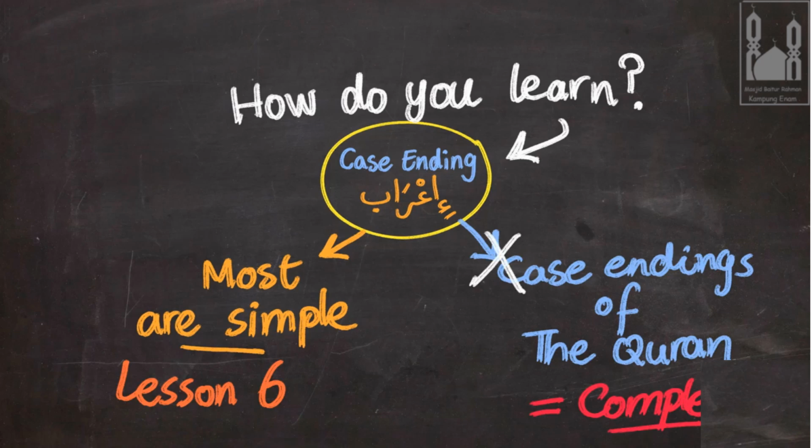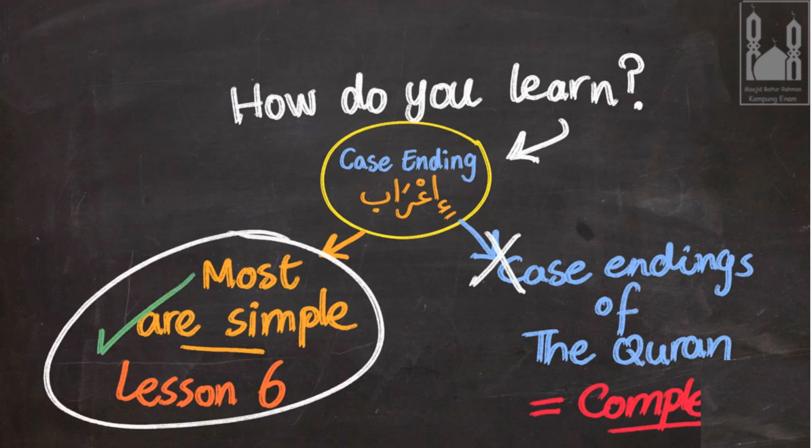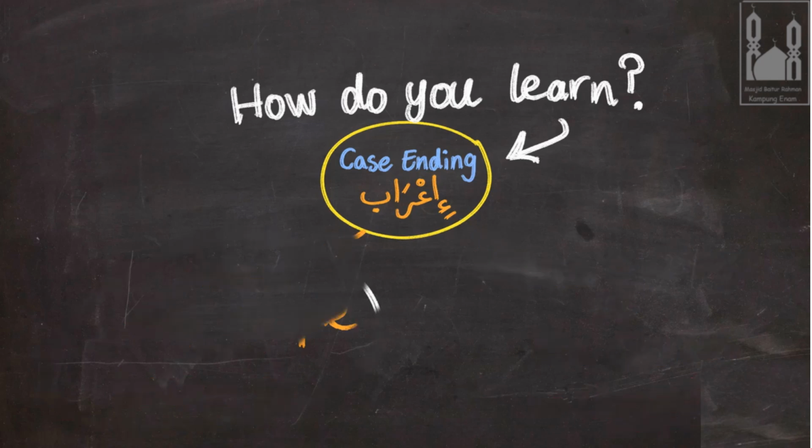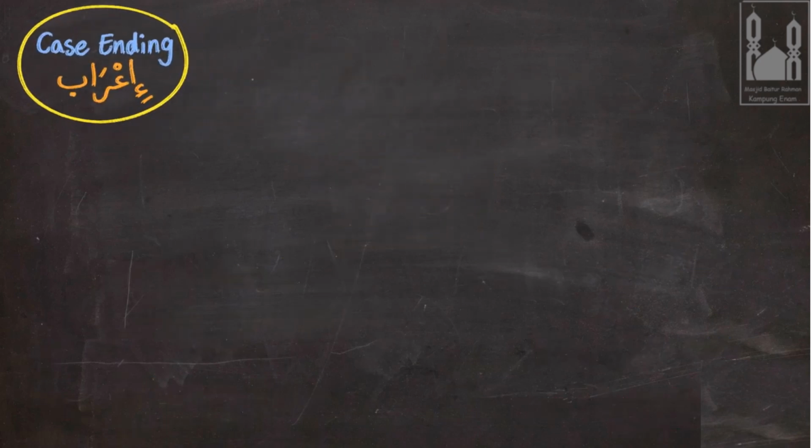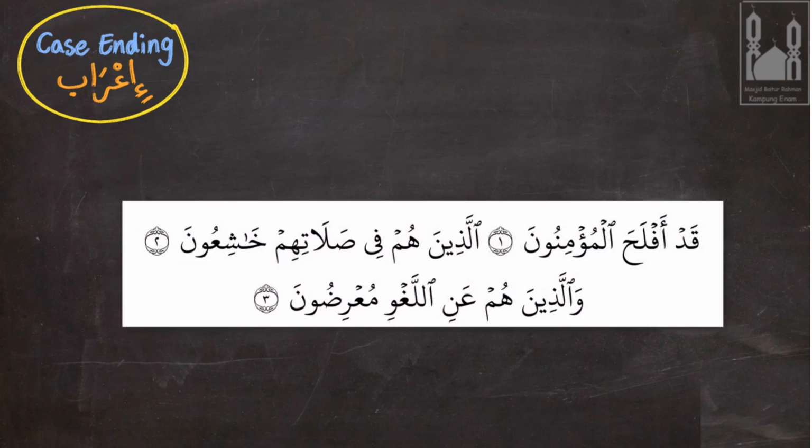But as a start, knowing the basics will be more than enough to get you going to understanding the Quran with ease, insha'Allah. And from this lesson on, you should always include the case ending in your analysis of the Arabic nouns, whether you already know its function or you'll learn it in future lessons. Let's see an example to learn how to properly do that.